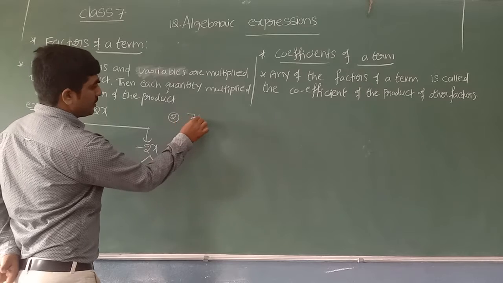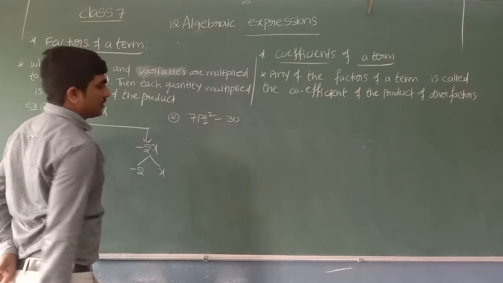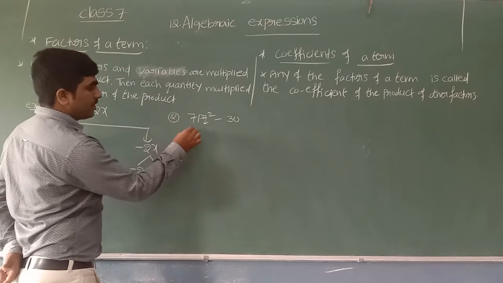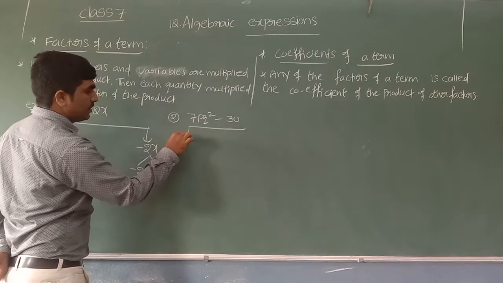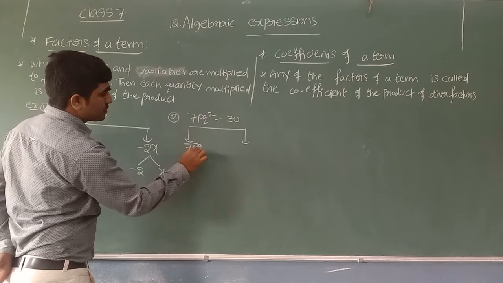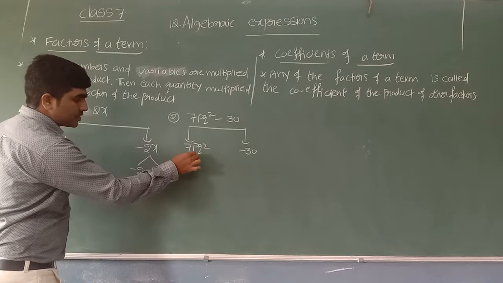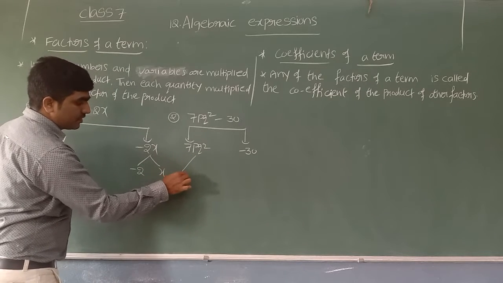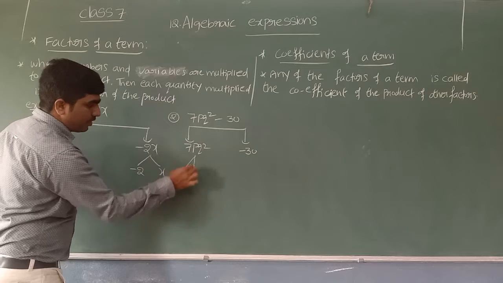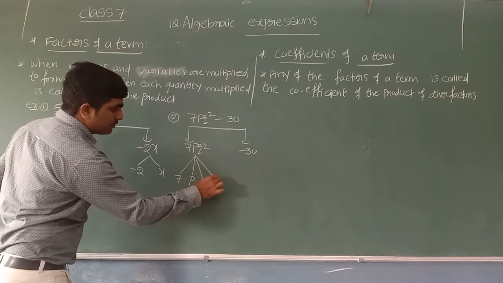Sir, if it is like 7pq square minus 30, how can I write, sir? Even this algebraic expression contains how many terms? It contains 2 terms. One is 7pq square and the other one is minus 30. Now this product is formed by multiplying 7 into p, only once, into q power 2, which we can write as q into q.